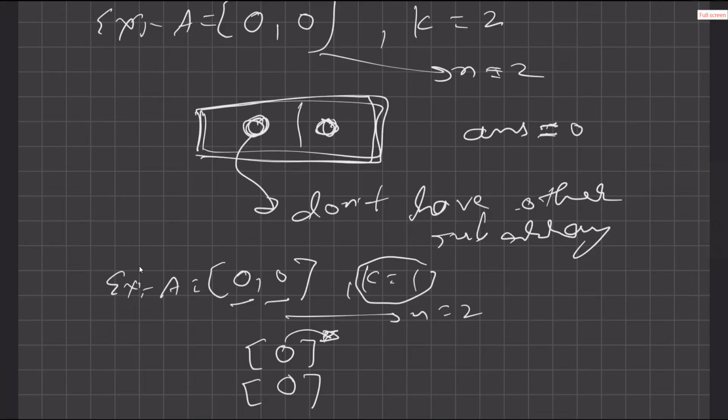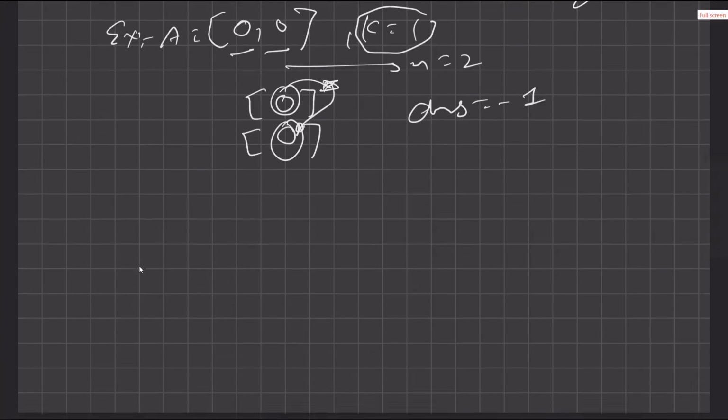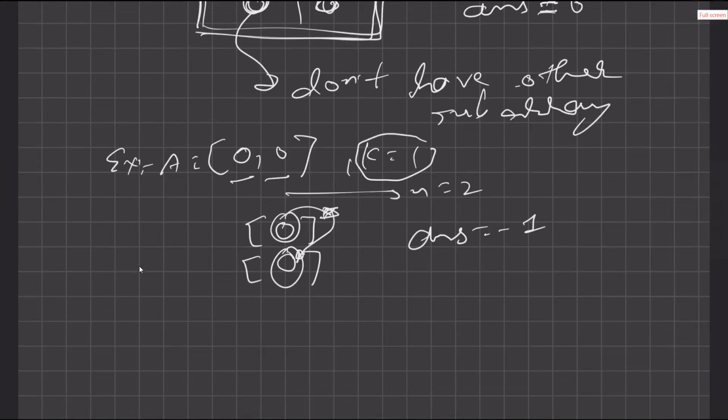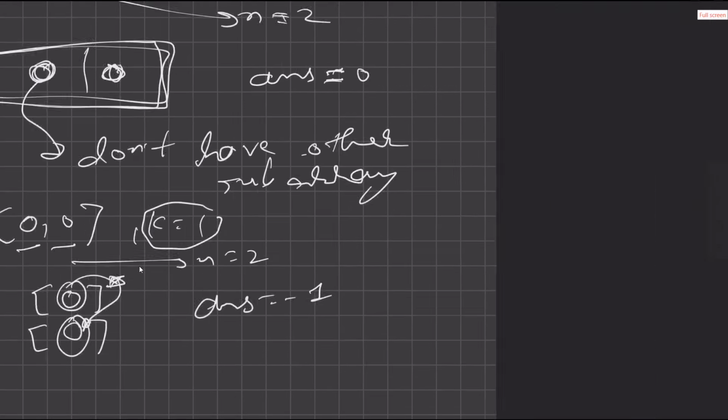Is 0 occurring in the other subarray? Yes, it has occurred here. So 0 can't be an answer. In a case where you are not able to find any element uniquely, your answer will be -1. Understood, right?